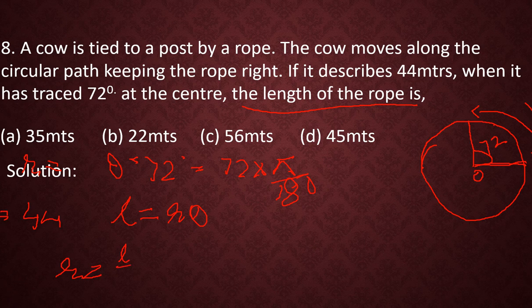So this is equal to L is 44 divided by theta is 72 into pi by 180. So after simplification, the answer will be 35 here. That is this one. This is the option.